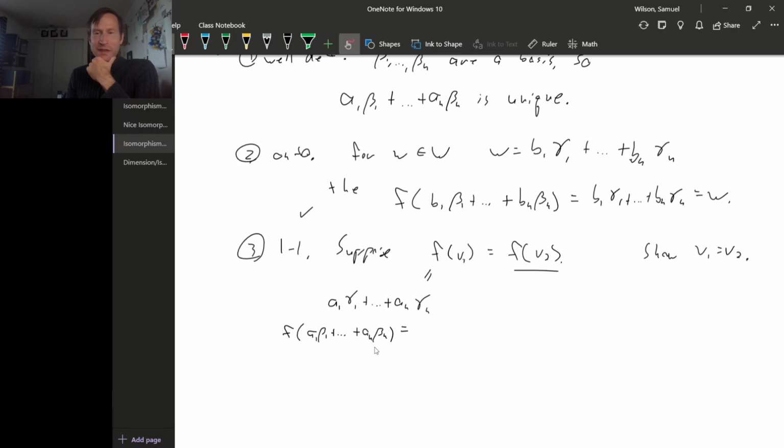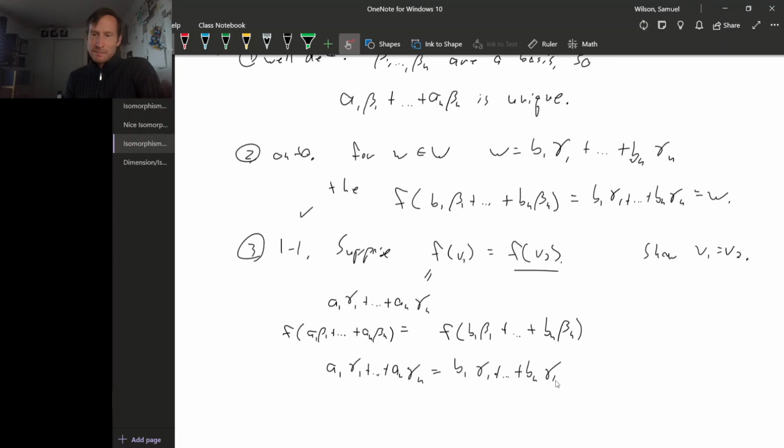Now, suppose there were another vector that got mapped to all of these things. So suppose this was f of b1 beta 1 plus dot dot dot plus bn beta n. Well, we can write down what each of these is. This one is a1 gamma 1 plus dot dot dot plus an gamma n. On the right-hand side, this is b1 gamma 1 plus dot dot dot plus bn gamma n.